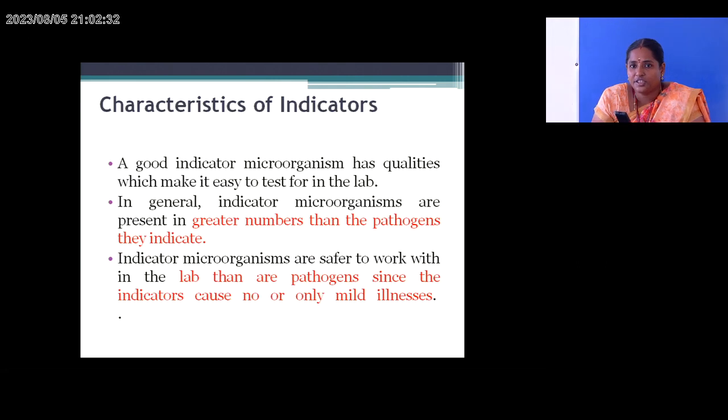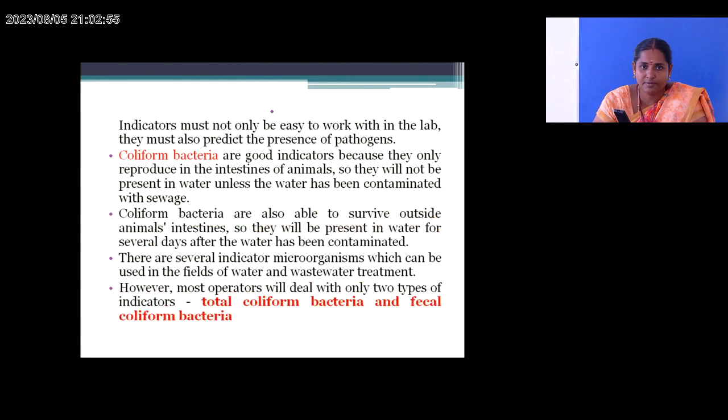Now, the characteristics of indicator microorganisms. A good indicator microorganism has qualities which make it easy to test for in the lab. In general, indicator microorganisms are present in greater numbers than the pathogens they indicate, and they are less harmful than pathogens since the indicator causes no or only mild illness.